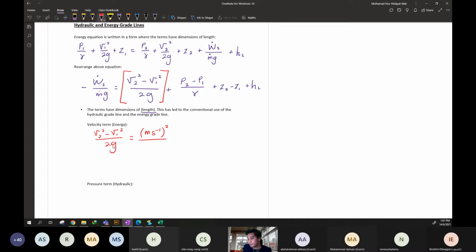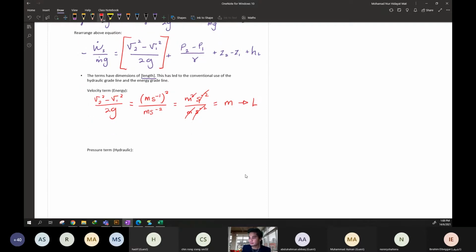Divide by gravity, which is acceleration, meter second to the power of negative 2. So meter squared second negative 2 over meter second negative 2, cancel, cancel. You can see it is the unit of meter, which is the dimension of length.